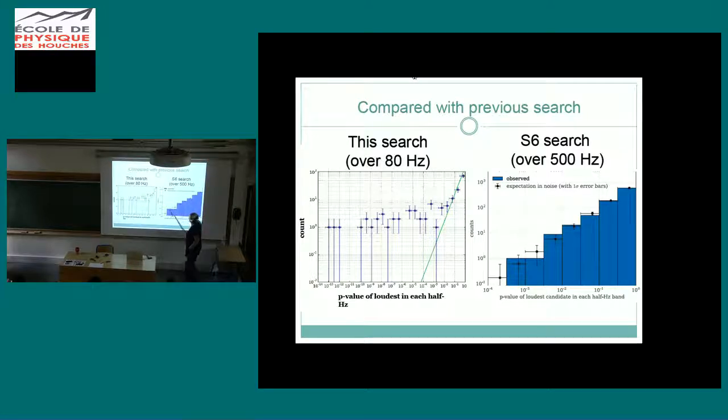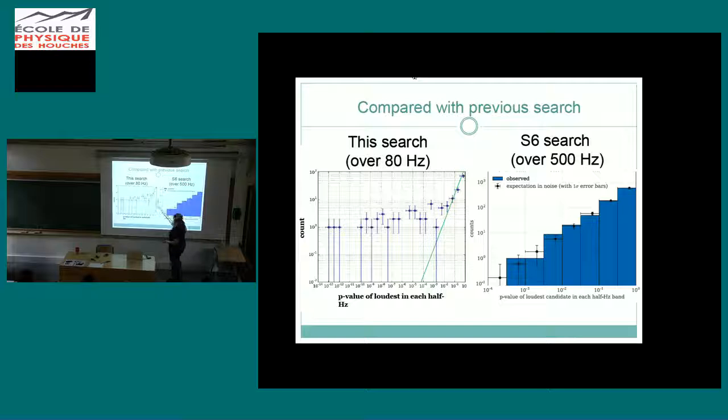This is the same plot, but for another search on other data. These are our results, and these are our expectations. All that I want you to get from this plot is that the data was not at all distributed as we would expect if the noise was Gaussian, or if we had tamed the non-Gaussianity and the disturbances with these robust statistics.